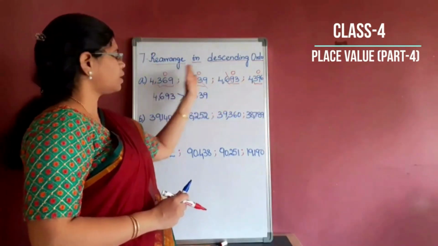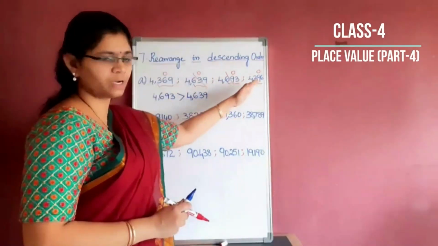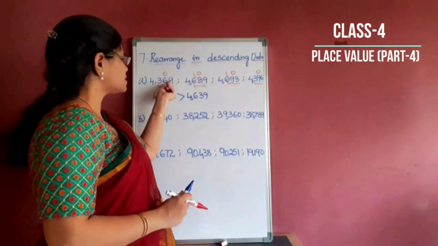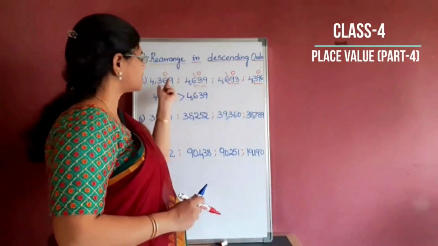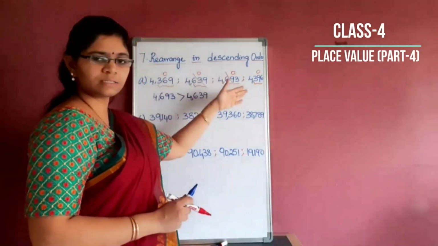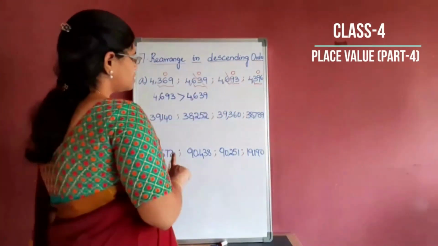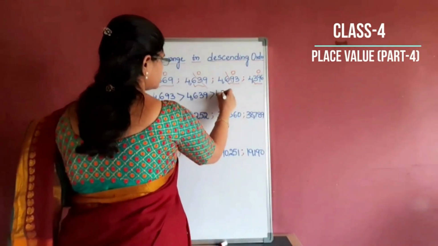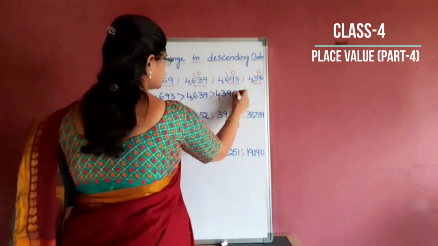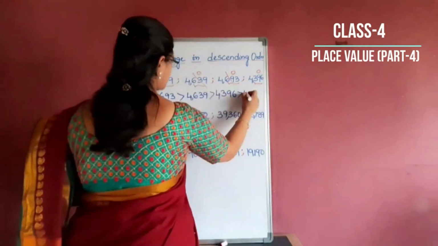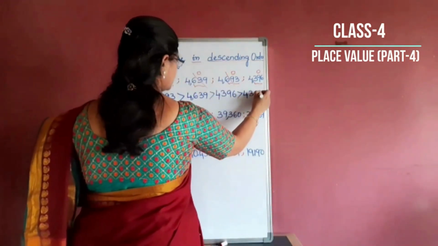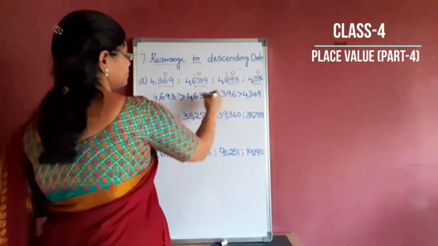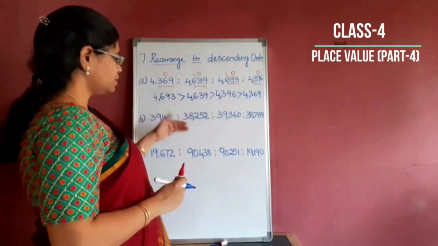Here also the hundreds place is same, 300, 300. Now let us compare 69 and 96. Which is greater, 69 or 96? 96 is greater. So now let me write this number, 4,396 and finally comes 4,369. Okay. Now let us go to the next sum.